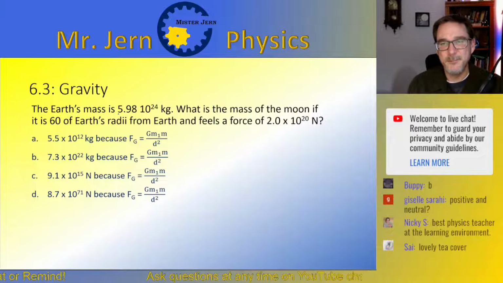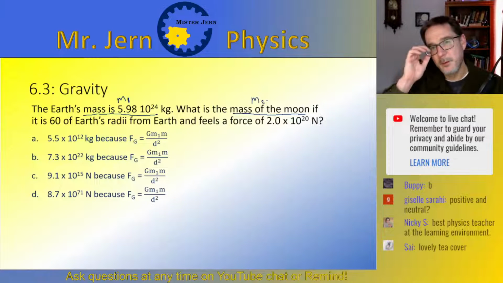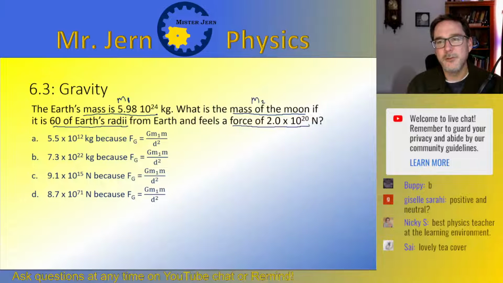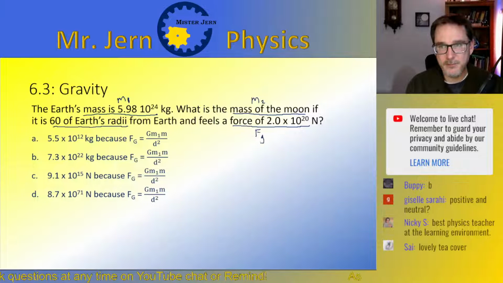So we've got Earth's mass, we'll call that M1. What is the mass of the moon? Well, we could call that M2. It is 60 of Earth's radii, all right, hang on, let's come back to that one. It feels a force of 2.0 times 10 to the 20th, so that's going to be our FG.